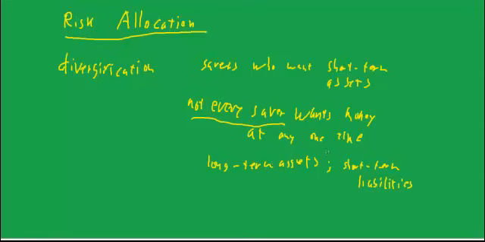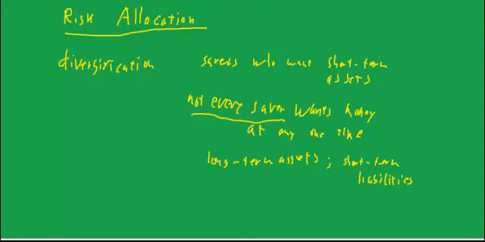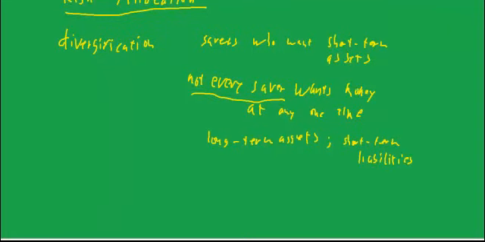acquire long-term assets, back them by short-term liabilities, and thereby almost achieve a sort of magic of making the term risk or the liquidity risk go away by diversifying.